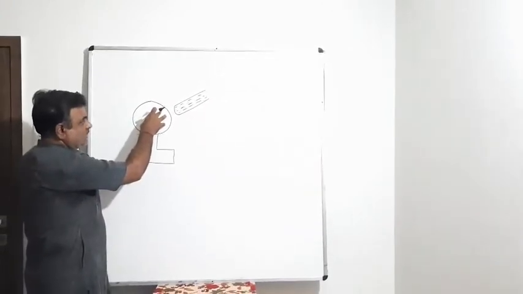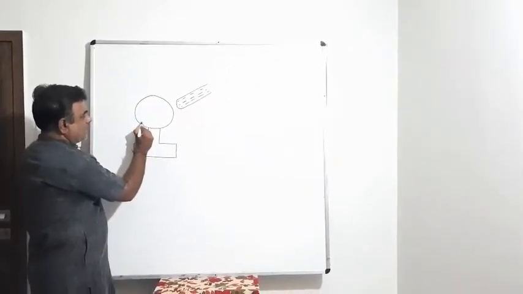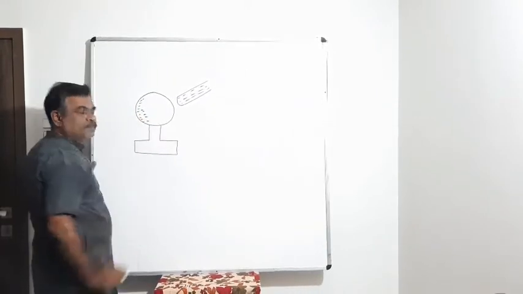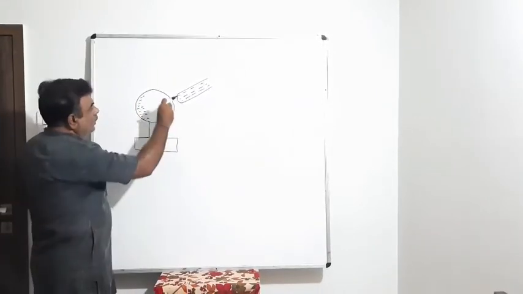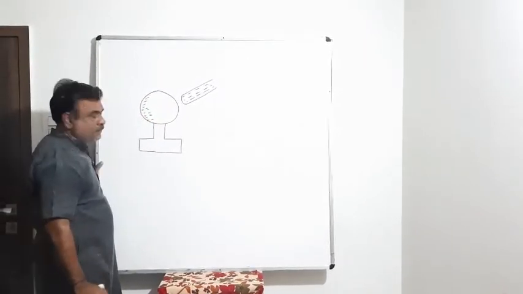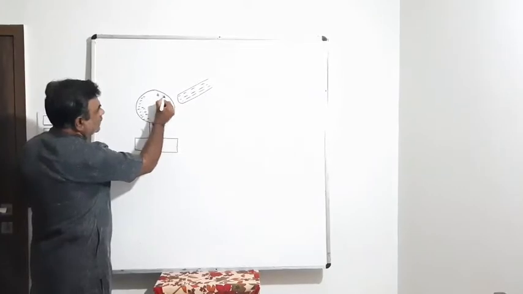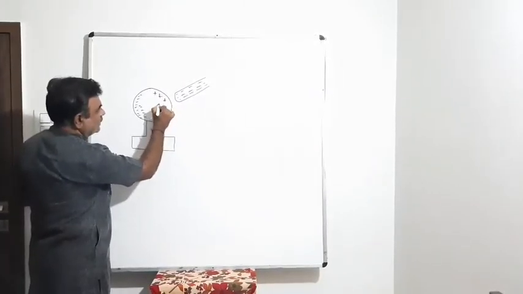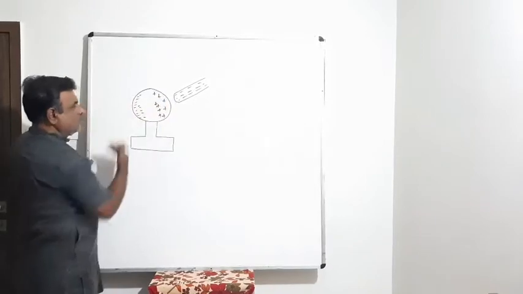Negative charge, that is electrons, will repel. So electrons will be gathered on this side. This side of the sphere will behave like negatively charged, while this side will behave like positively charged, because electrons have been removed from this side.